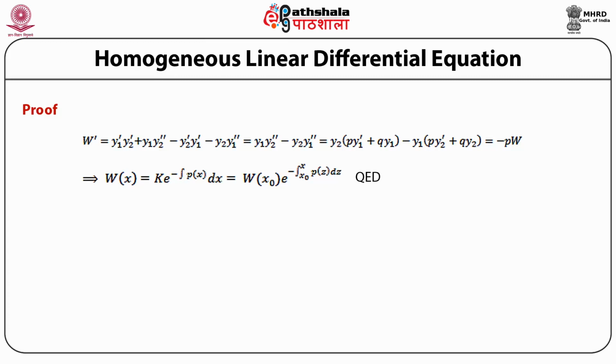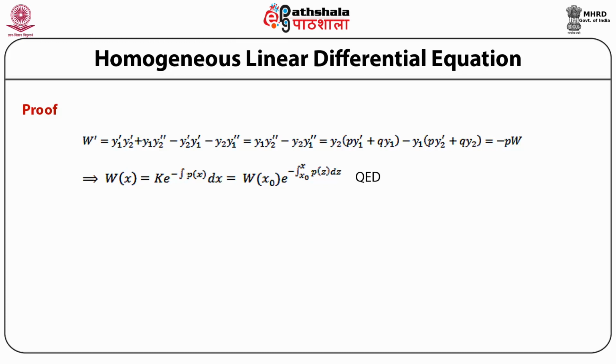The result is W(x) is equal to k times e raised to the power minus the integral of p(x) dx. This is equal to W(x0) times e raised to the power minus the integral of p(z) dz within the definite limits x0 to x.